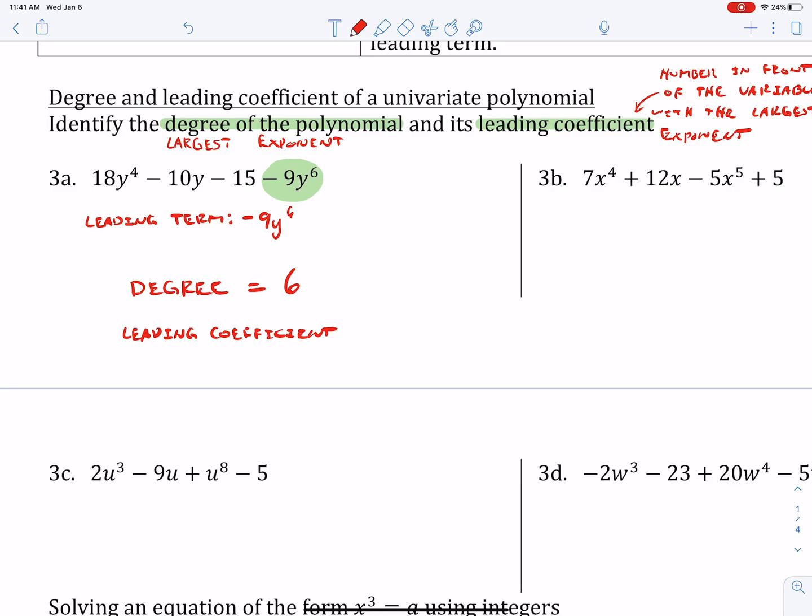So we're taking the number in front of that, and that's going to be negative 9. And that's our answer. Okay? So to make this very, very simple, you're just finding the greatest exponent. You want to find the number that's attached to it along with its sign. Here's a negative. And then the degree is just the exponent, and then the leading coefficient is just the number in front of it. So that should be really easy to do 3b on your own.